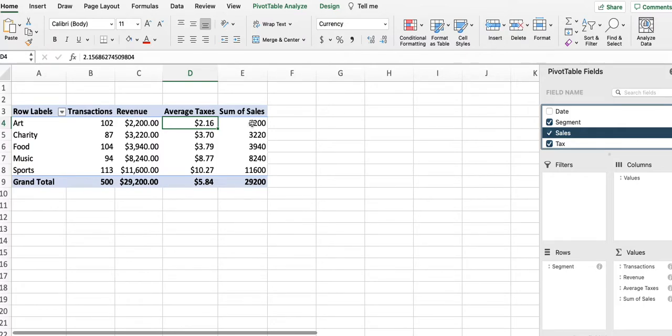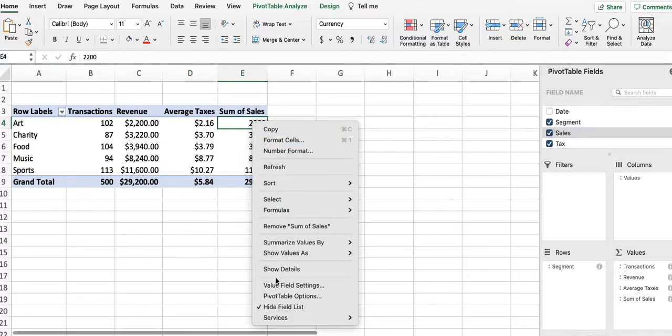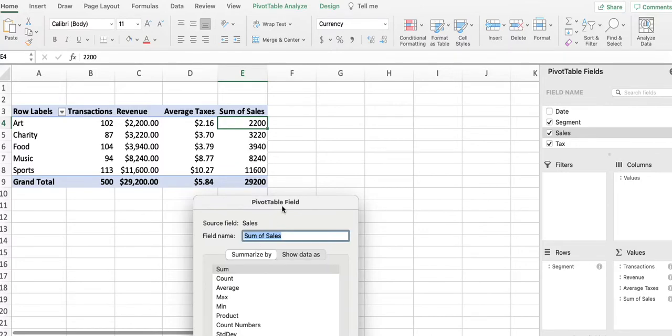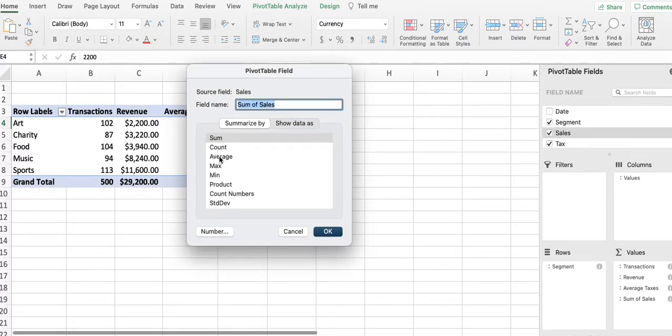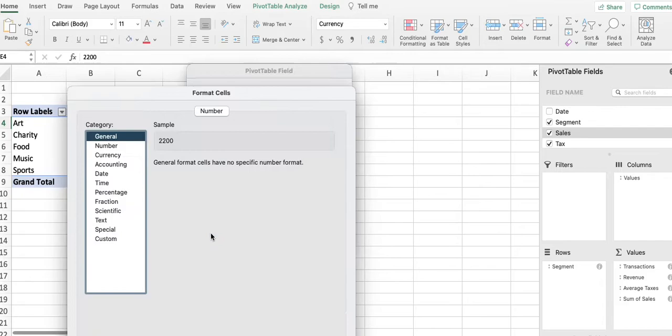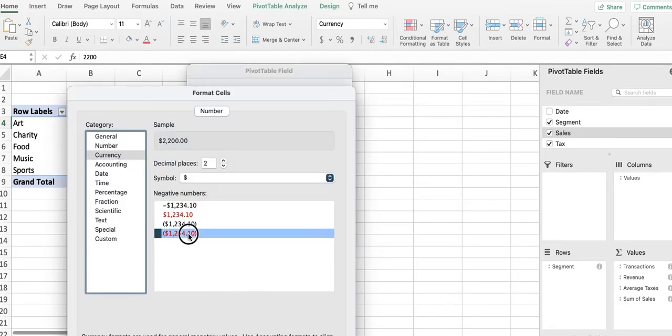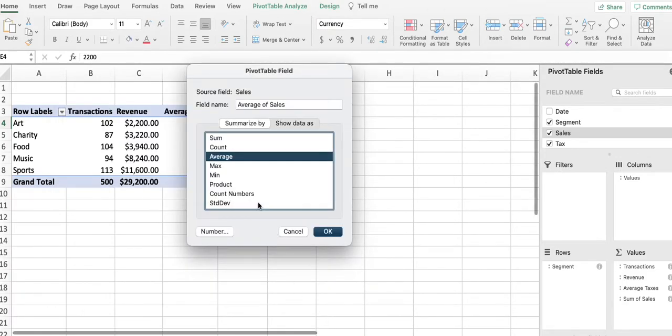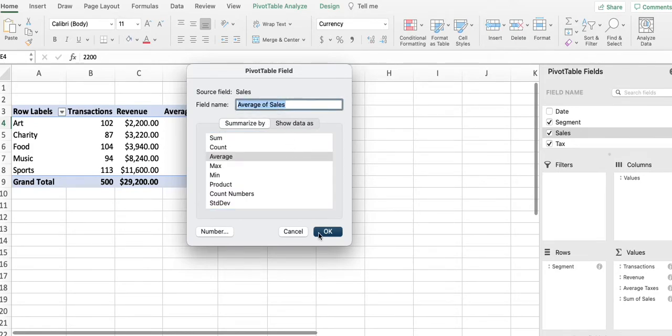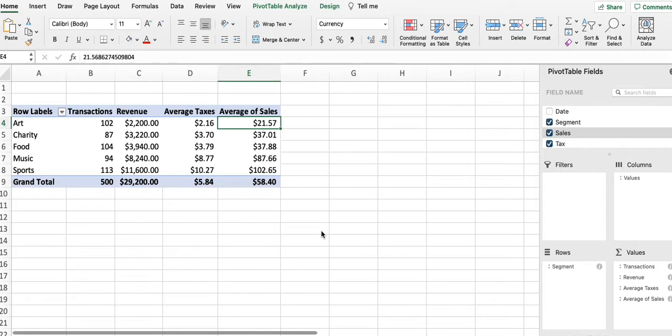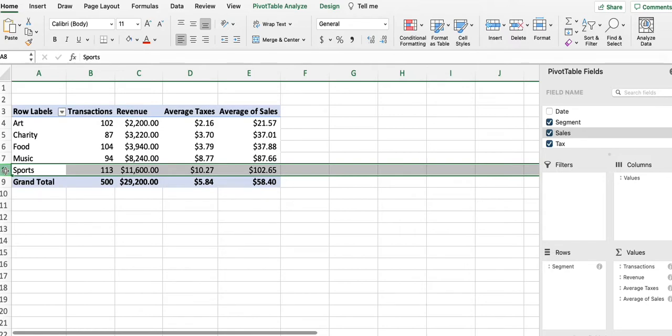And I'm going to change this so that it is my average sales. Oop, let me change my number first to currency. Then I'm going to change to average. And I'm just going to leave the title.